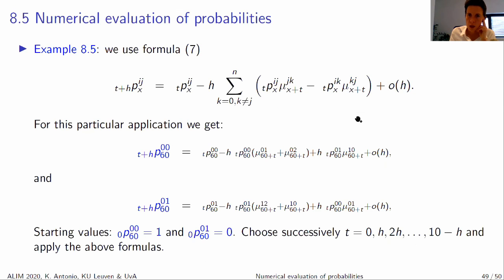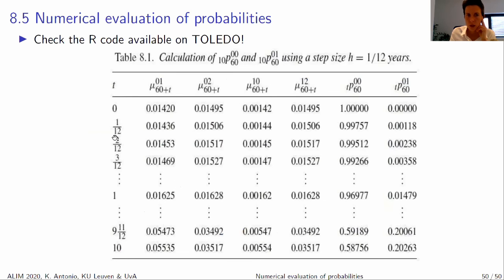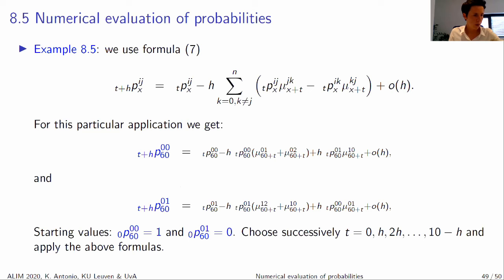We use the expressions that you see over here to evaluate the transition probabilities in each considered time step. That's a very simple way. It's the Euler method to evaluate these differential equations numerically. You can do way more complex things, but for now this is sufficient. Okay. Any questions?